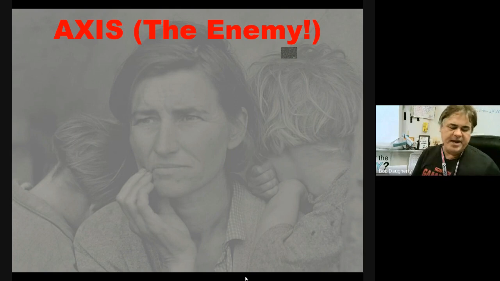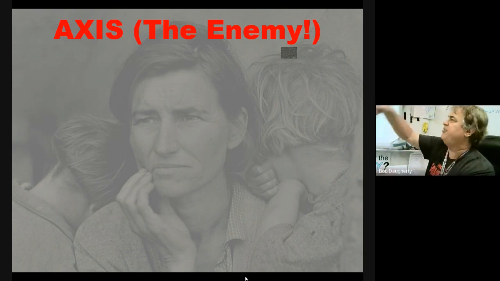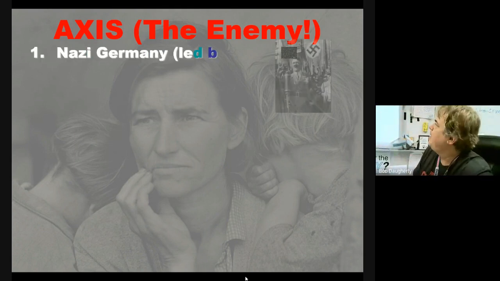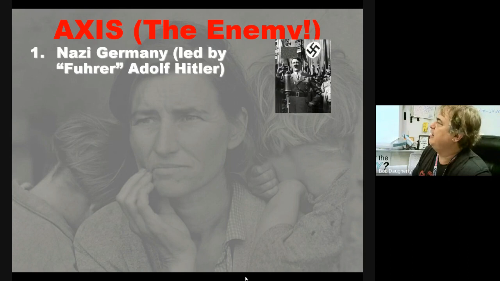Iraq. He called them an axis of evil. Now, an axis is this imaginary thing around which the earth spins, right? And so primarily, in Europe at least, the major axis was Nazi Germany.